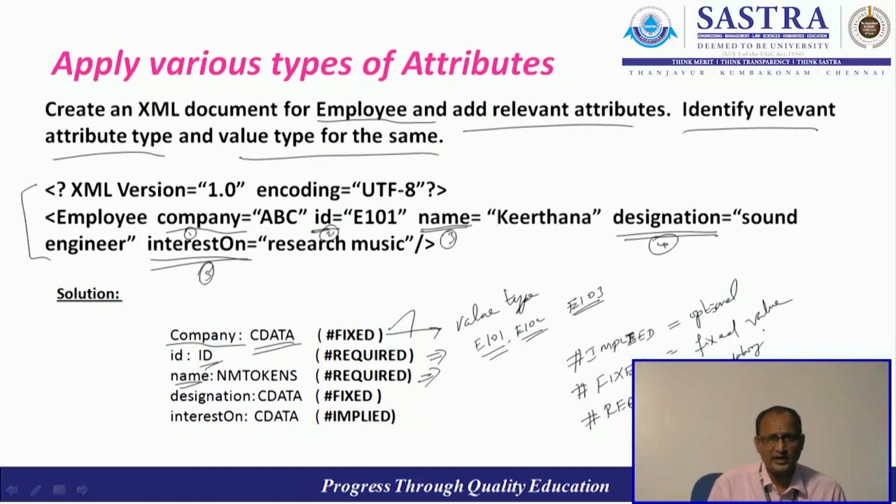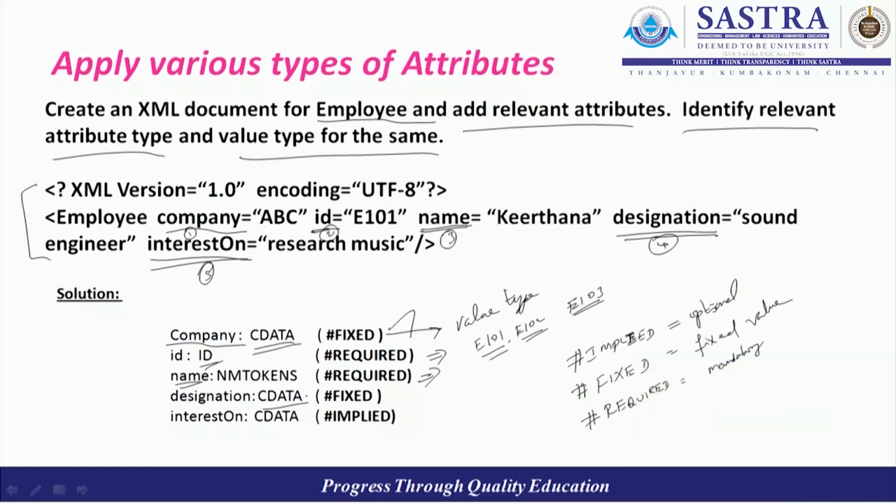We have to provide a value, whether specified as CDATA or ID or NMTOKEN, whatever it is. According to that, we have to enter the value for the particular attribute. And CDATA, as I mentioned earlier.